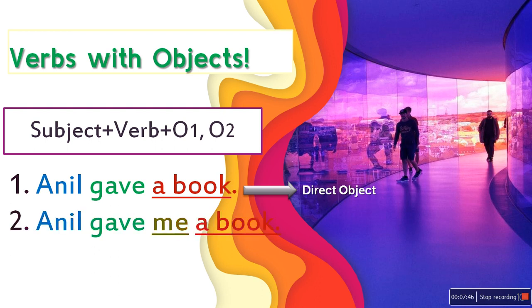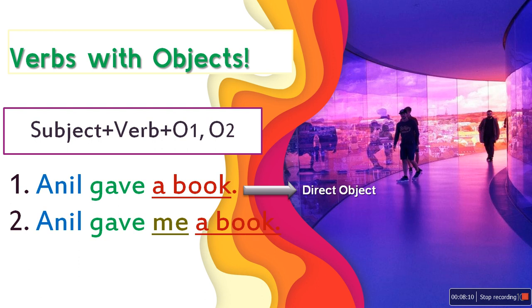Example 2. Anil gave me a book. See here, Anil is the same subject, gave is the same verb, me is one object, a book is another object. Here we have two objects. So in this, first of all, we have to identify the direct object, then the indirect object. Gave is common, it's a transitive verb, me and a book.